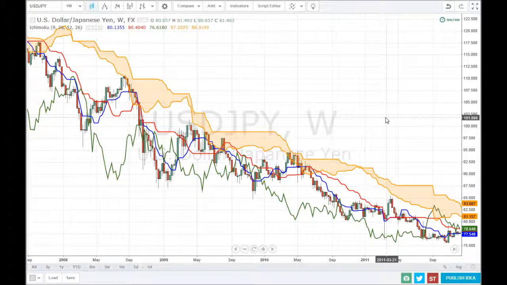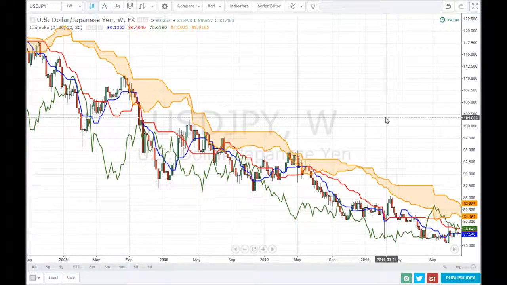It's a weekly chart. The reason I've come straight to a price chart and not given an overview beforehand is I feel any demonstration I can give on the Ichimoku Kinko Hyo is best given on a price chart with real price data.